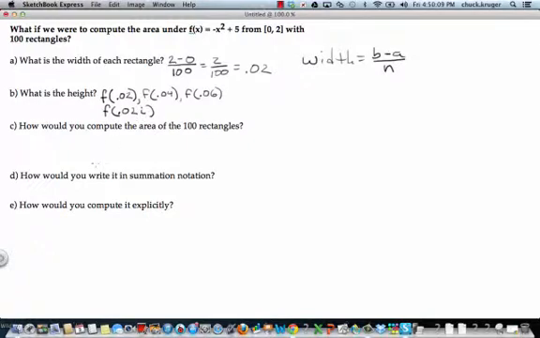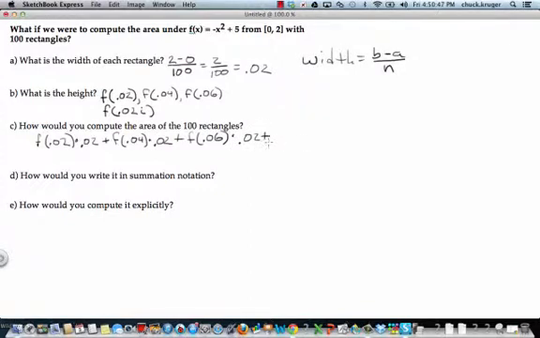So how would I compute the area of these? I'll write it this way first. I'll write my height, f of 0.02, times my width, which is 0.02, plus f of 0.04 times 0.02, plus f of 0.06, these are my heights, times my width, 0.02.